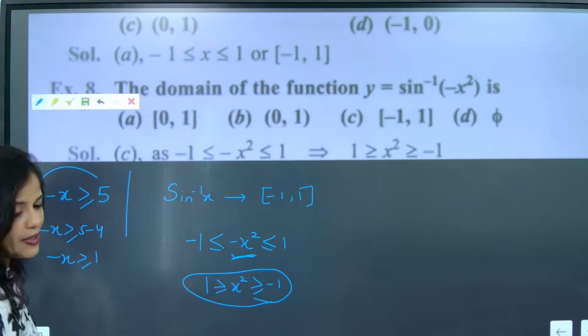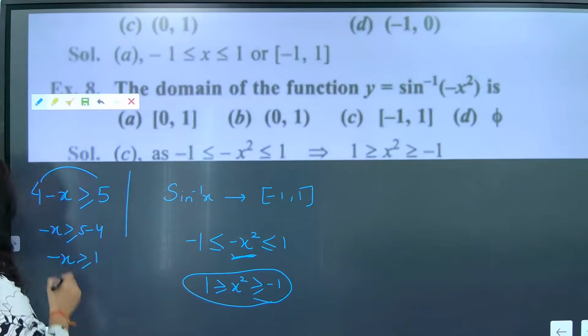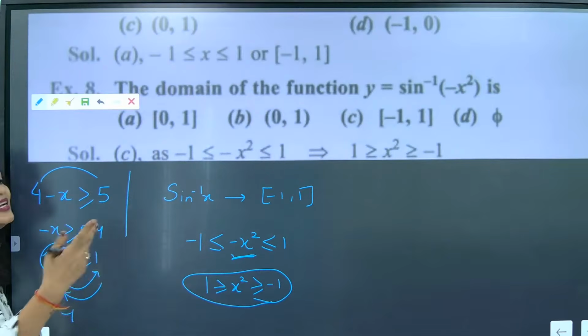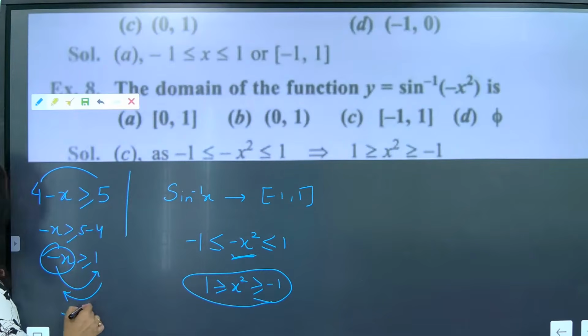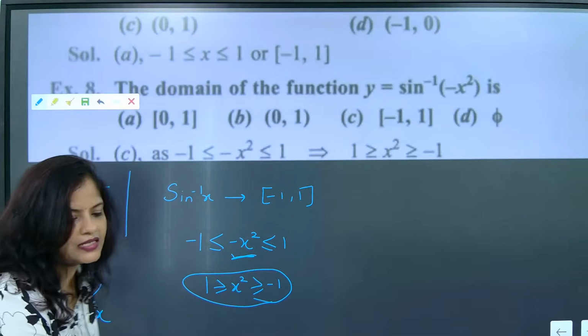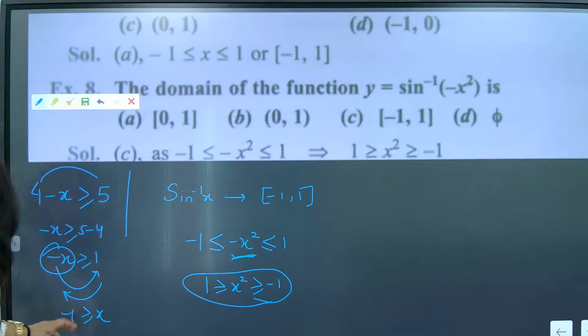But now the variable has a minus, so we shift minus x to this side. Here minus x was greater than 1, now x will become less than minus 1. That's exactly the shift needed there. I hope you have understood this part.